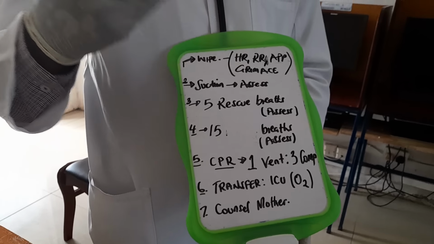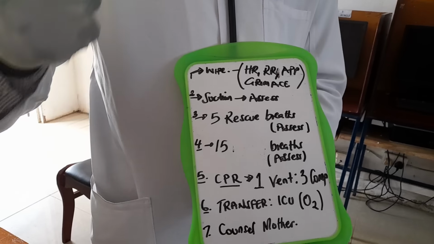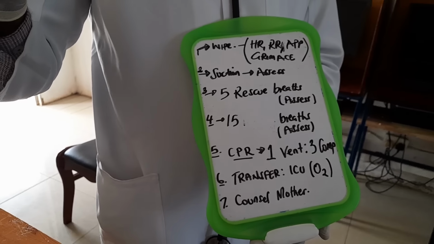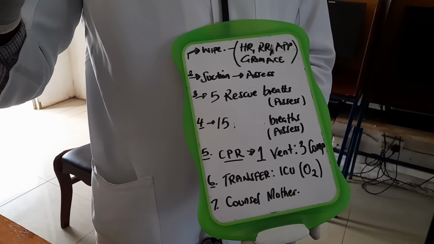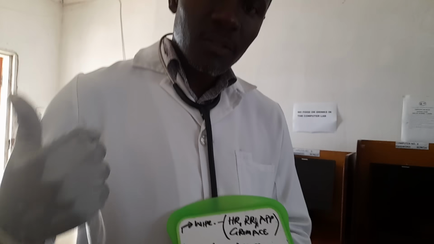So with this procedure, you have to go through it quickly because it's only 5 minutes. You're supposed to go through all the steps in 5 minutes. Just to go back, what you do first is turn on the resuscitator and the timer. Then call for help, meaning scream for help: asphyxiated baby, help.